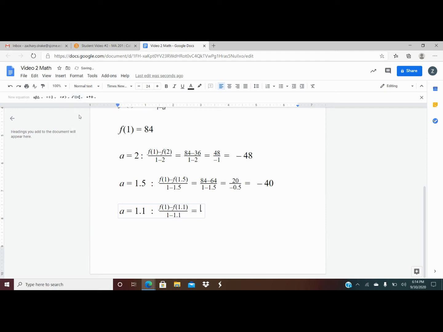Like we said before, f of 1 is 84. 1.1 squared is 1.21.